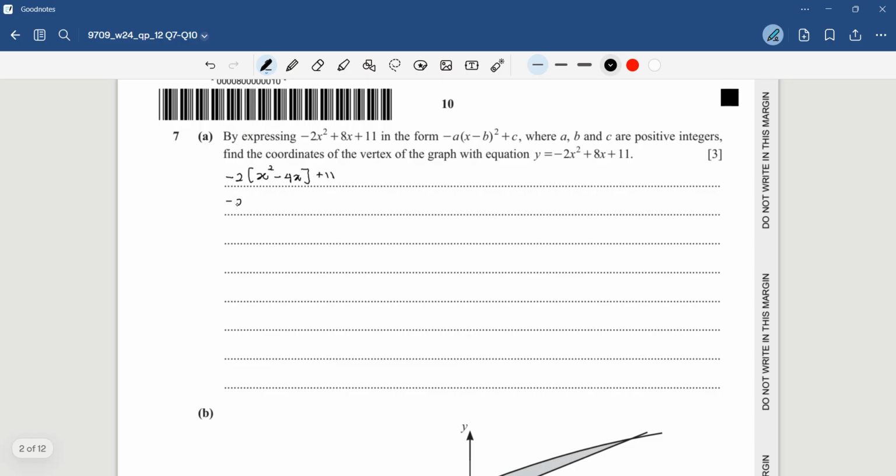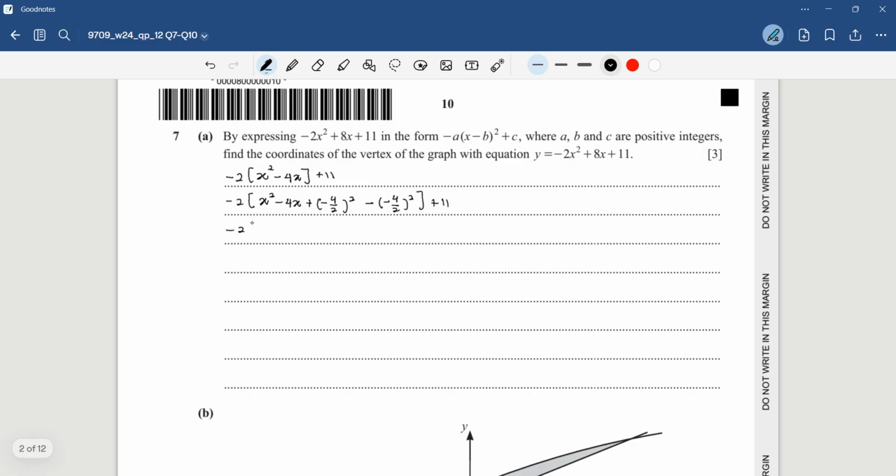And then negative 2, x squared minus 4x plus (negative 4 over 2) squared minus (negative 4 over 2) squared plus 11.